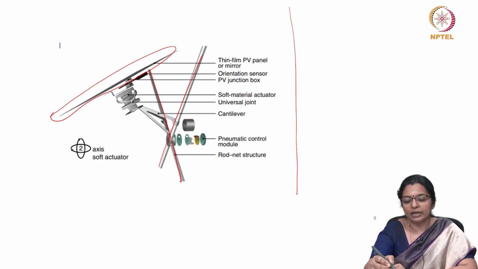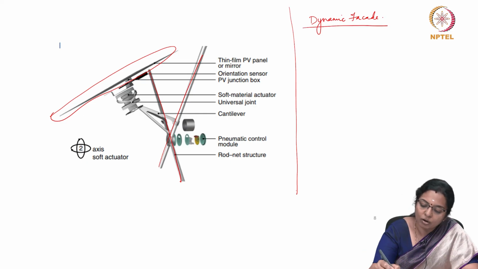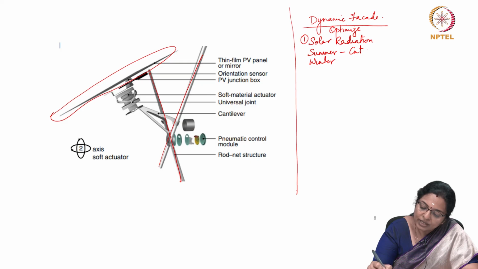So, by having dynamic facades, you will be able to optimize solar radiation. In summer, you can cut the solar radiation. In winter, you can allow the solar radiation.